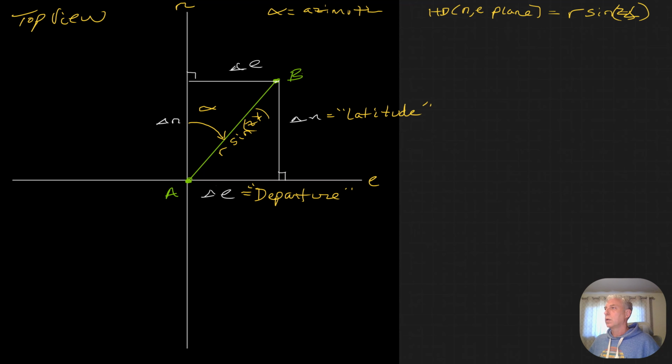And we know that delta E, or our departure, is equal to this value here, right? And that would be the sine of our azimuth, times the hypotenuse. And our hypotenuse is R times the sine of the zenith angle.